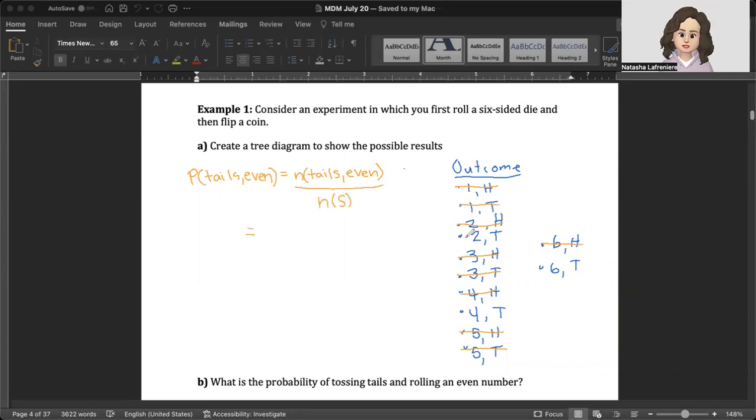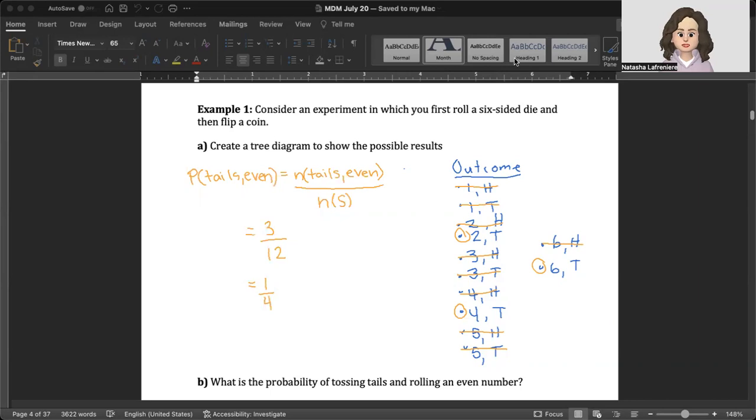Okay, so we can count that there are 3 possibilities. And then our total amount of outcomes was 12 that we counted. And so that can be simplified to 1/4. And that's it. So that is the answer for B.